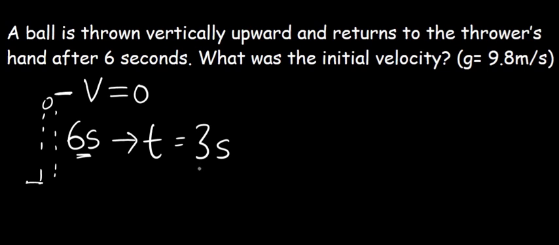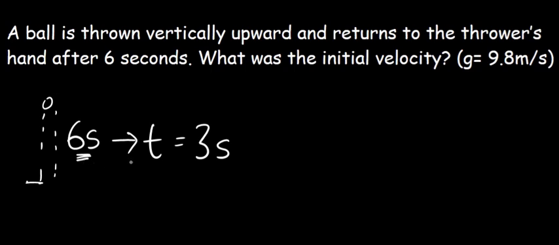Because the time it took to get to maximum height is the same time it will take to return to the position where it was thrown. So from the person's hand, it took 3 seconds to get to maximum height and another 3 seconds to return. So that's why it is 6.